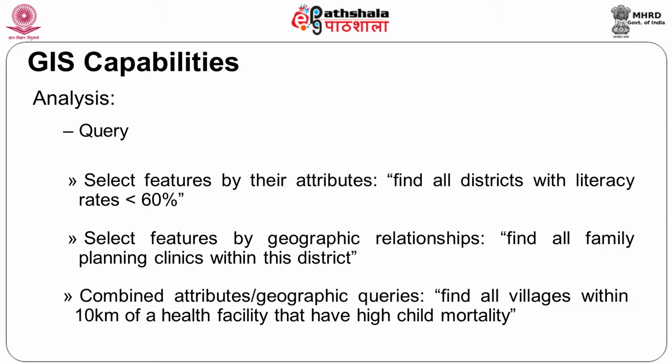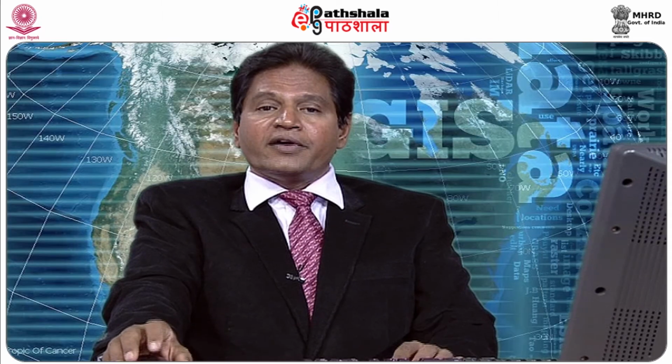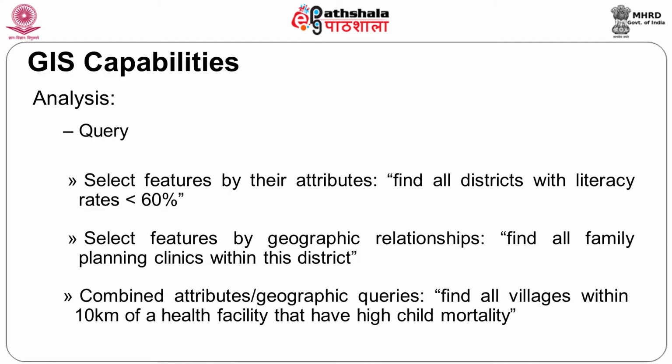So, then you can also put them together. It is not that you have to do only a simple query, you can also go for a relational query. Try to use more than one table at a time. Find out those villages which have an area of 5 square kilometers and which have a literacy rate of 50% and more. So, something like that, try to relate the database.